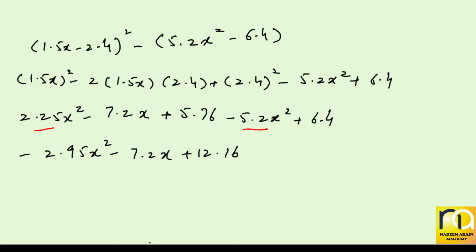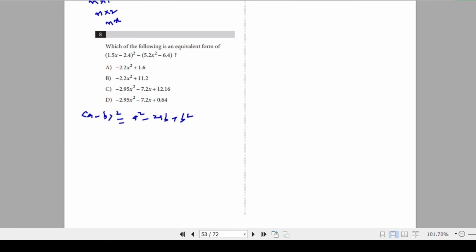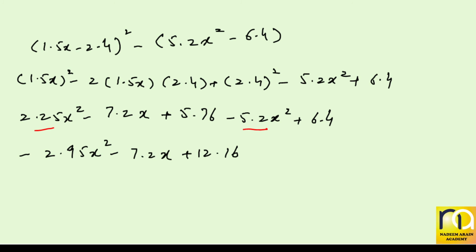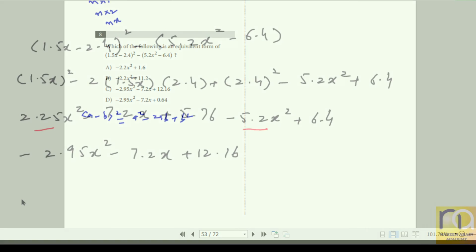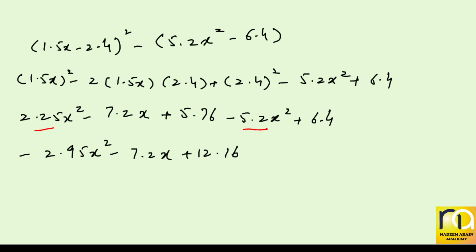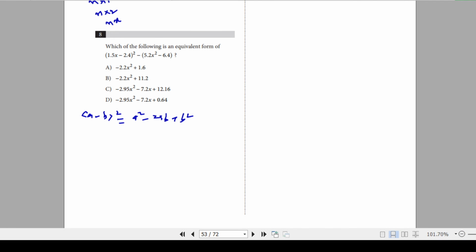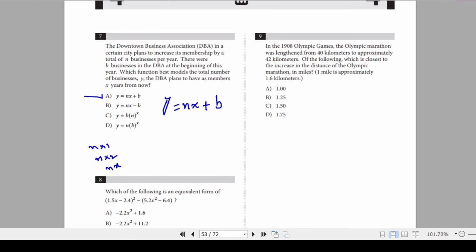So if you look at it, negative 2.95x squared minus 7.2x plus 12.16. Boom. So that's our question. Okay, so the answer is this, C. Okay, so let's do question 9 in the next video.